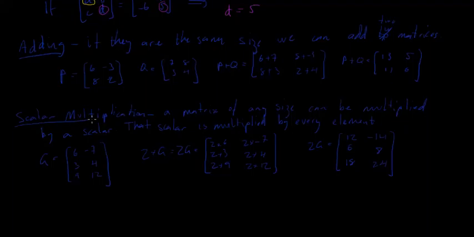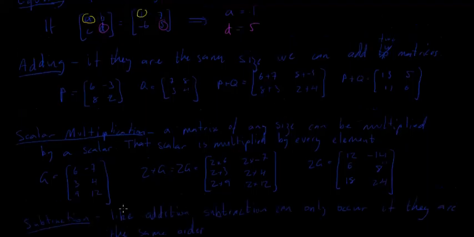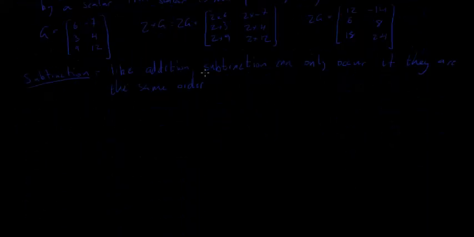The last thing I think that we're going to look at for today is subtraction of matrices. So here we've said that subtraction, like addition, can only occur if the two matrices are the same order.